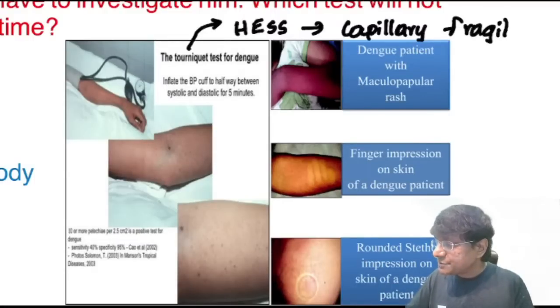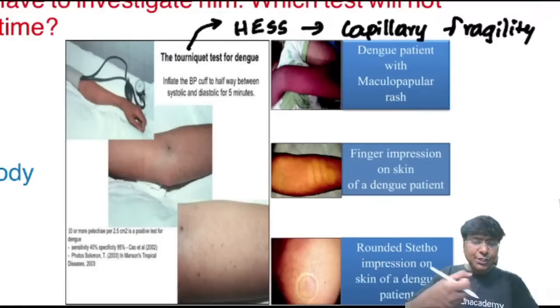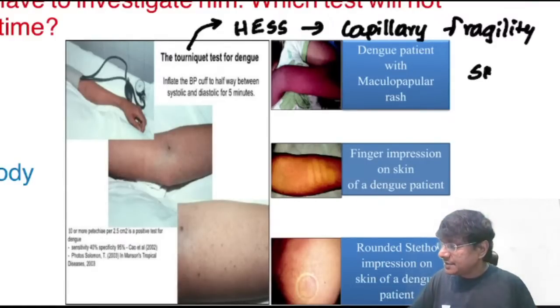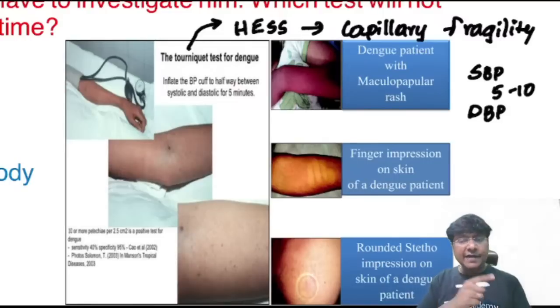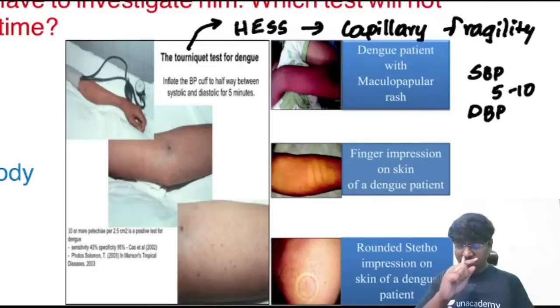Now, how do you do the Hess test? To perform the test, the BP cuff is applied to the arm, and you need to inflate the BP cuff and maintain the pressure between systolic and diastolic blood pressure for around 5 to 10 minutes. After removing the cuff, you need to count the number of petechiae in a 1 to 2 inch diameter circle.